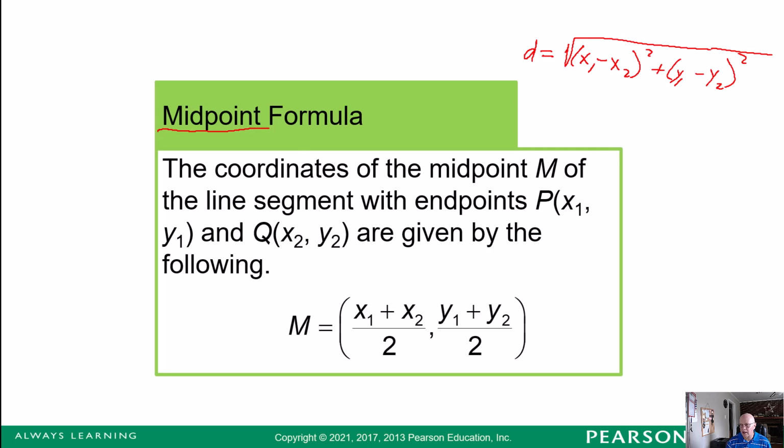You're not dividing, and you take the square root. To find the midpoint between these two points, you take the x coordinates, add them together, divide by 2. You're finding the middle coordinate of x1 and x2. Same thing with the y coordinate. Add the y1 and y2, divide by 2, and there are your coordinates for the midpoint.